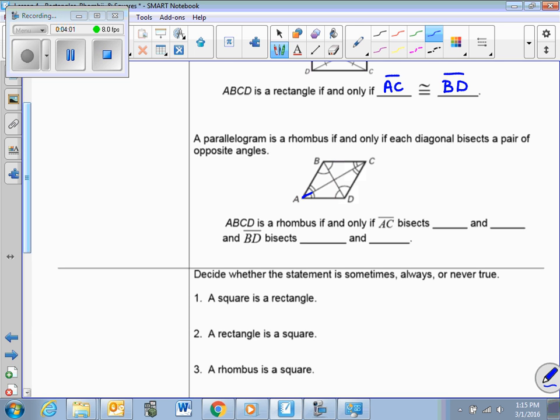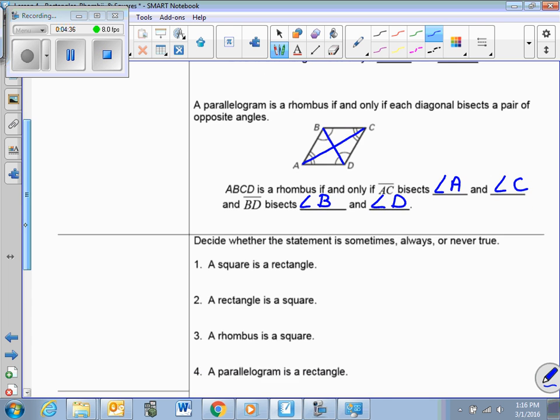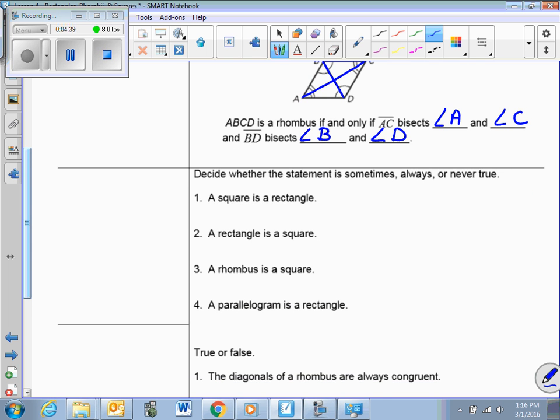So I can see that AC bisects angle A and angle C, and diagonal BD bisects angle B and angle D. So ABCD is a rhombus if and only if AC bisects angle A and angle C, and BD bisects angle B and angle D. So I guess we could conclude that the diagonals of a square also bisect a pair of opposite angles, each one. Right? Right.